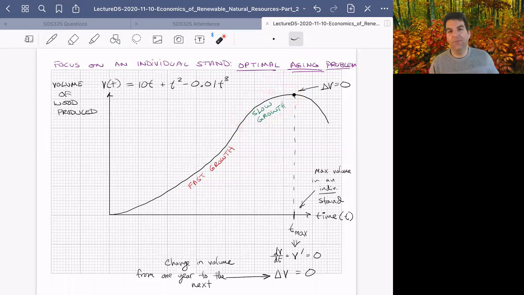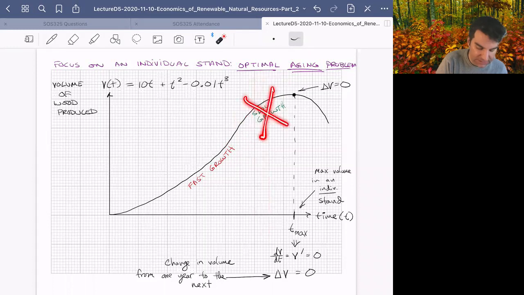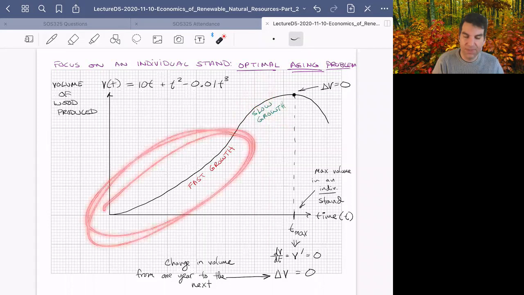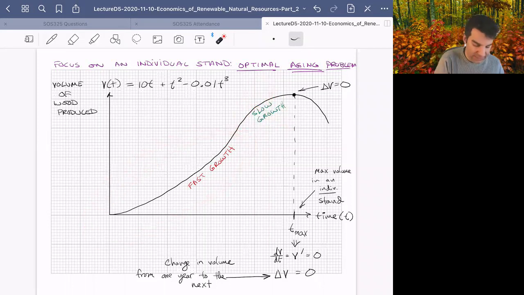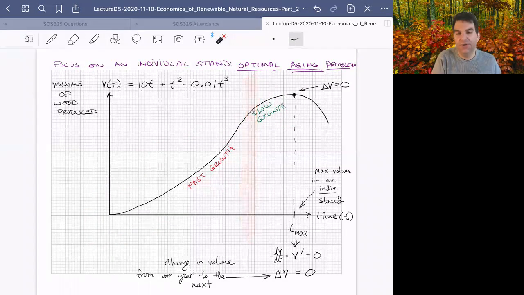And so there's going to be some point where we actually want to harvest early, and that harvesting early is going to get rid of the slow growth and replace it with new growth, which will have fast growth again. So rather than hitting a particular point here, you could continue to let the trees grow, but they're going to grow at a slow rate.